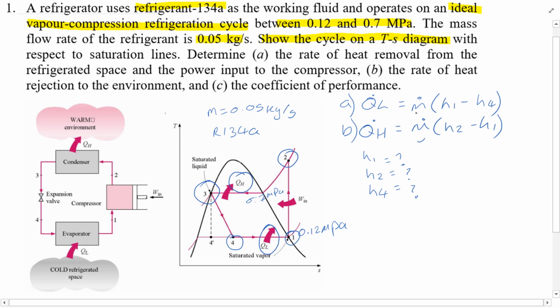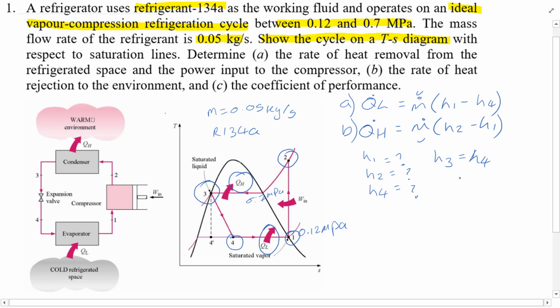Mass flow rate is given. Also, it's worth noting, since the process 3 to 4 is a throttling process, it's isenthalpic, so there's no change in enthalpy. So H3 is equal to H4.